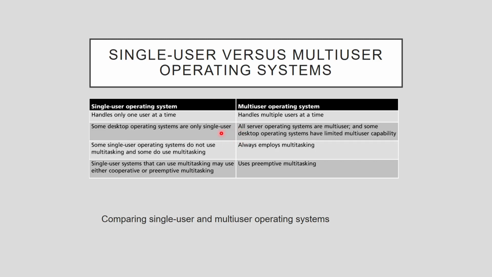These systems are known as multi-user operating systems. This multi-user system is almost a multitasking system, and most multi-user systems use preemptive multitasking technology.